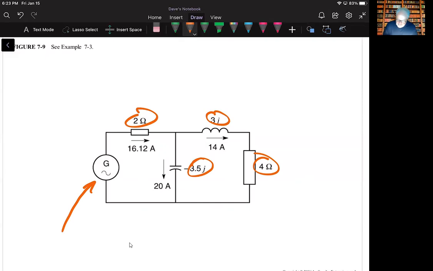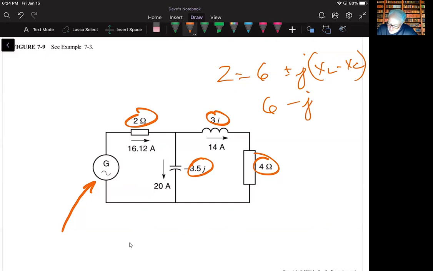If I wanted to summarize this, the total resistance would be 2 plus 4 is 6, and the reactance would be j times X_L minus X_C, which is 3.5 minus 3, so this would be 6 minus j0.5 in rectangular form.